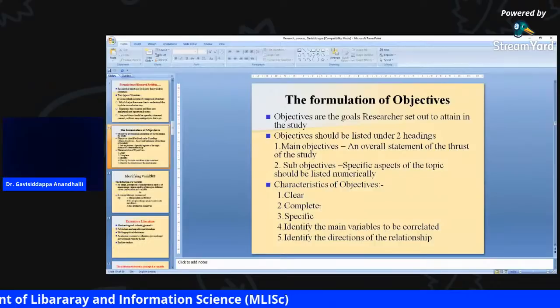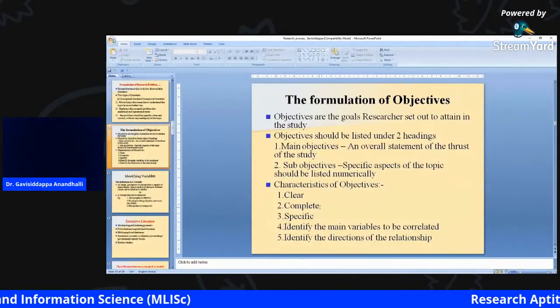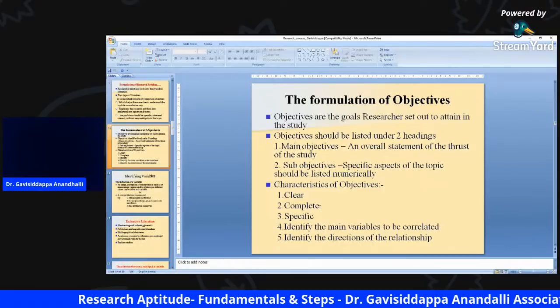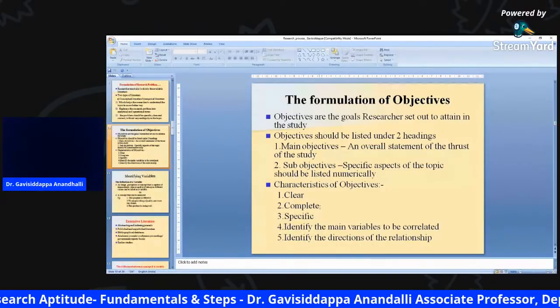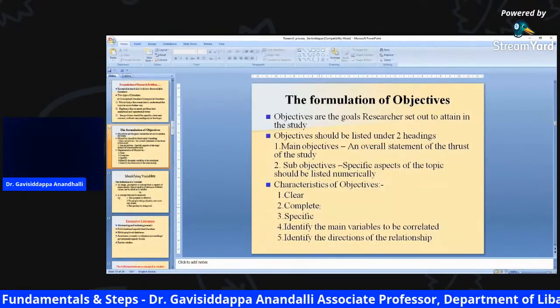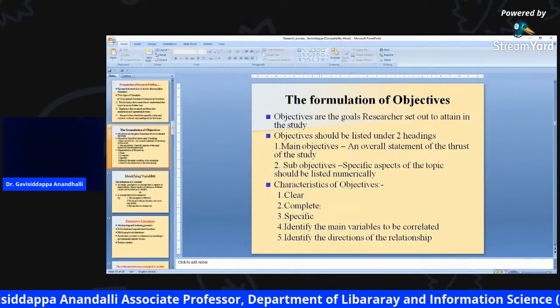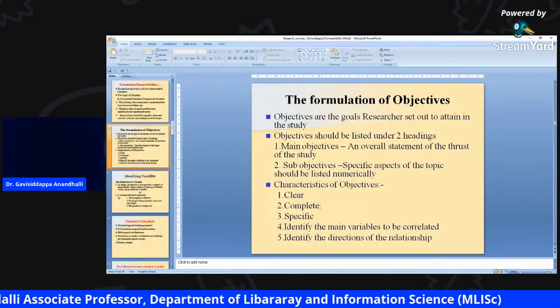Okay, that is it. The specific objectives are the specific questions to find out the background information of the high school teacher, the economic status of the high school teacher, the socio-economic status of the teachers, and the nature of the job satisfaction.